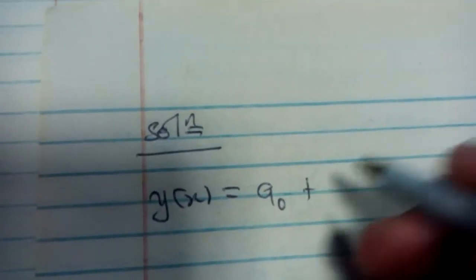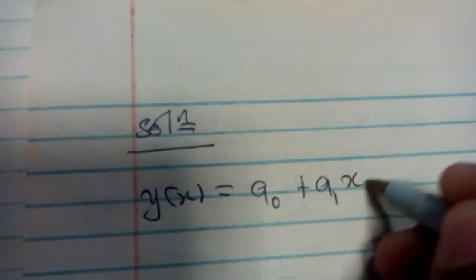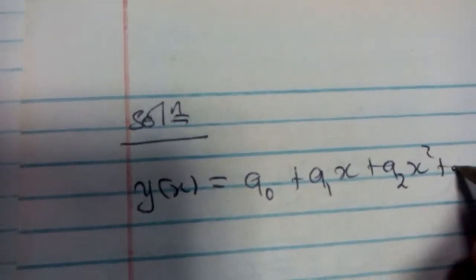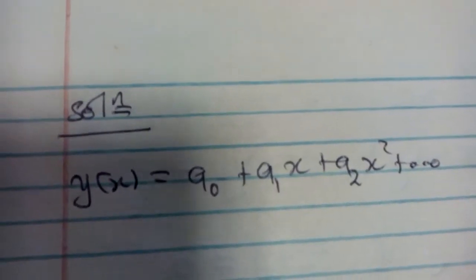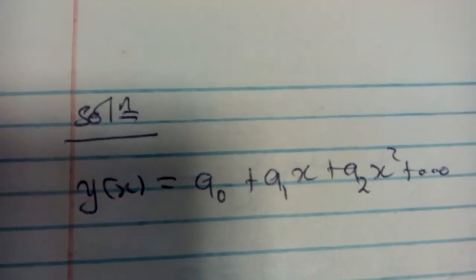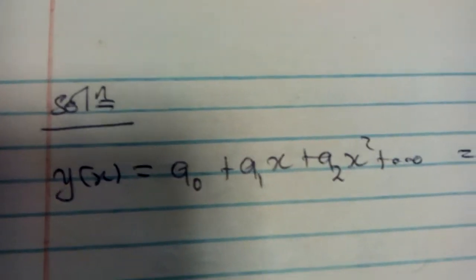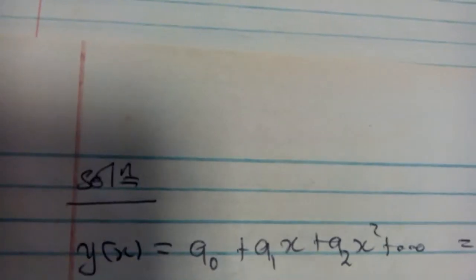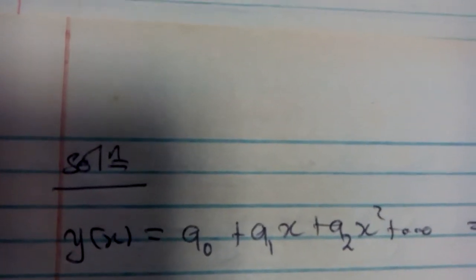Right, to start, we assume, of course, solution. We assume that our y of x is of this form here: a naught plus a1 x plus a2 x squared plus on and on, nothing but the sum from n equal to 0 up to infinity of a n x to the n. Right, and my y prime of x.